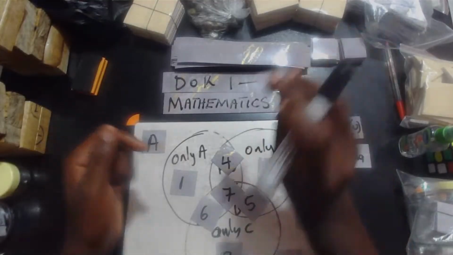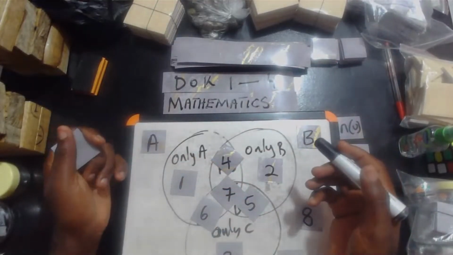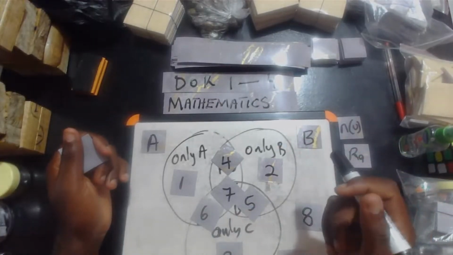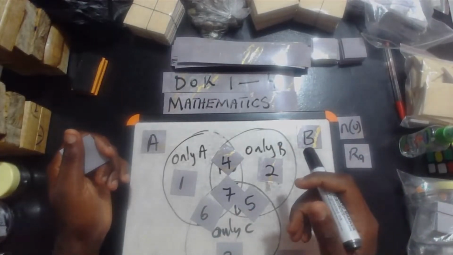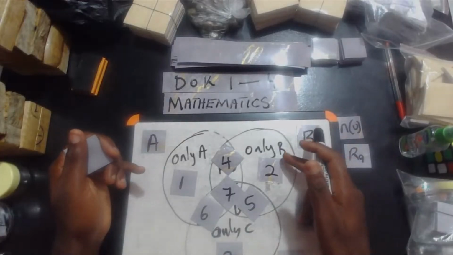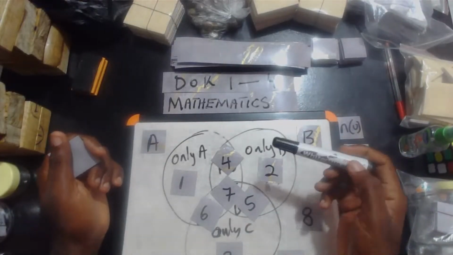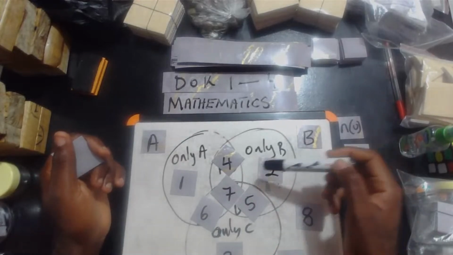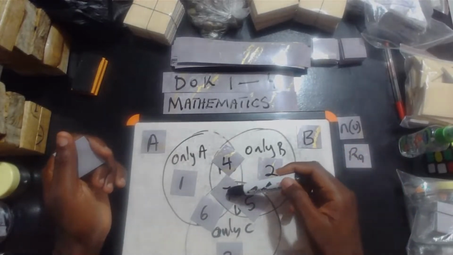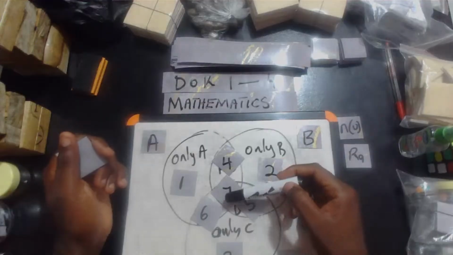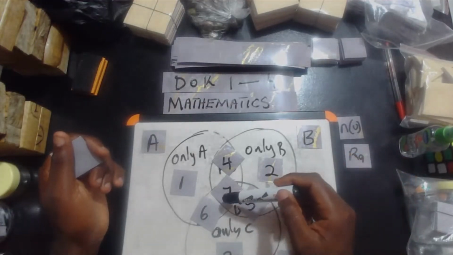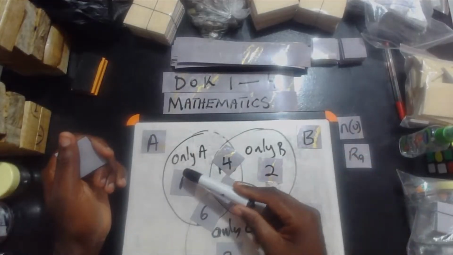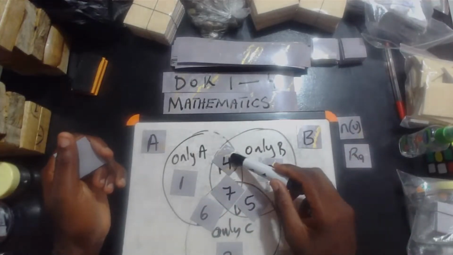So we have only A, only B, only C. For B intersection C without any 'only' represented, this would be B intersection C, this A intersection B, and this A intersection C. But when you want only A intersection B, that would be 4.